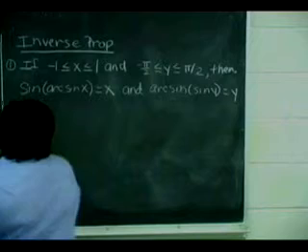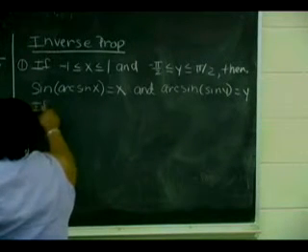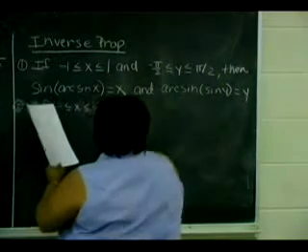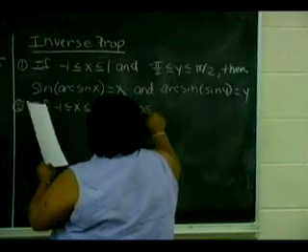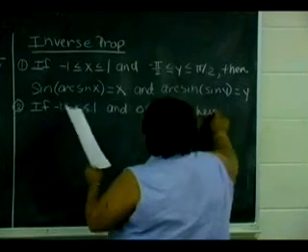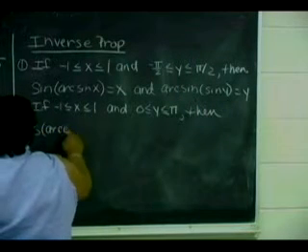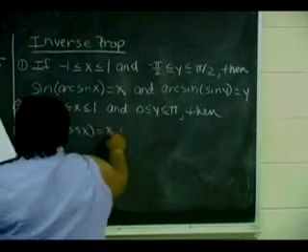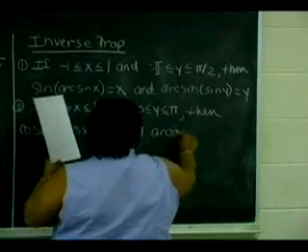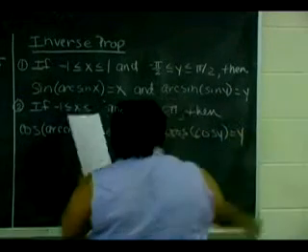We can state a similar property for arc cosine and arc sine and arc tangent. Here, if x is between -1 and 1, and y is between 0 and pi, then cosine of arc cosine x equals x, and arc cosine of cosine y equals y.